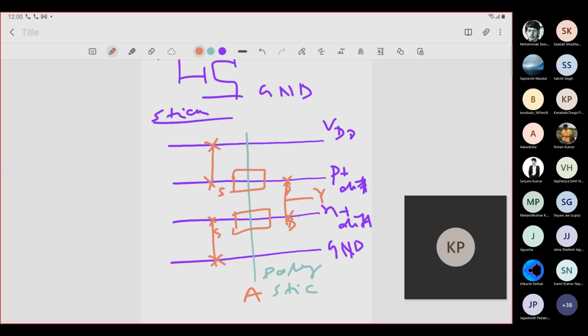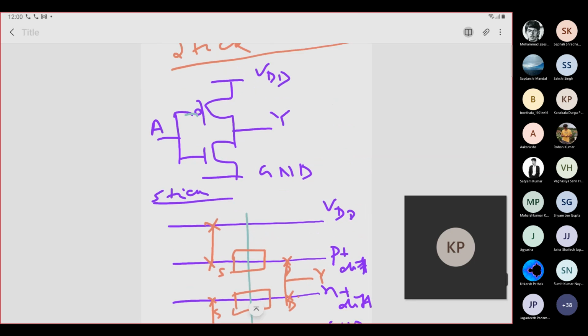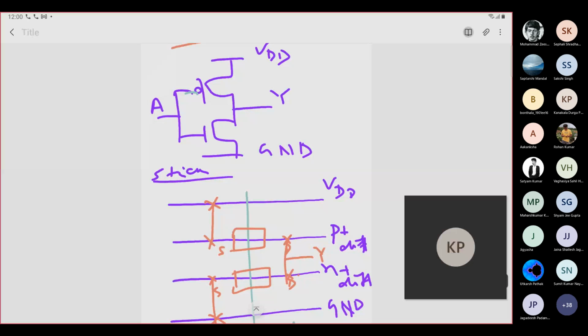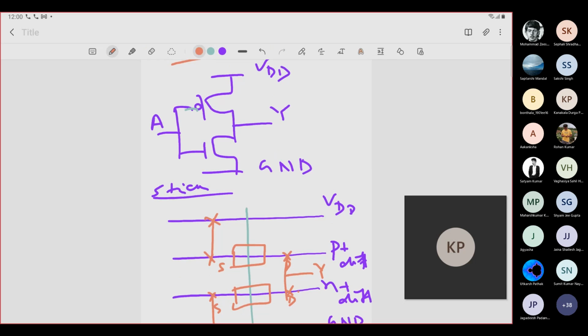If you look at the circuit, it is obvious the upper one is a PMOS and the lower one is an NMOS. So for that you have a P plus diffusion. You might ask why P plus diffusion and N plus diffusion. The reason is that the PMOS is realized by the P plus diffusion, and the NMOS device can be realized using the N plus diffusion.